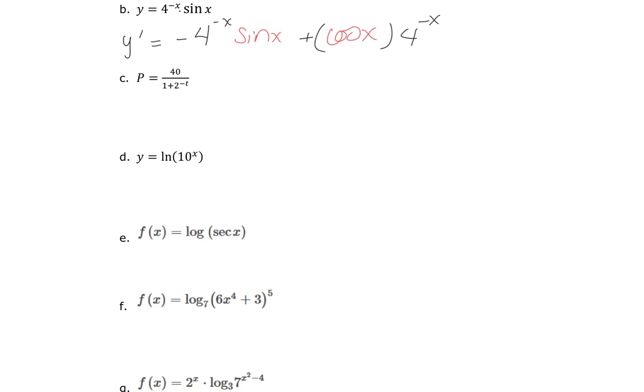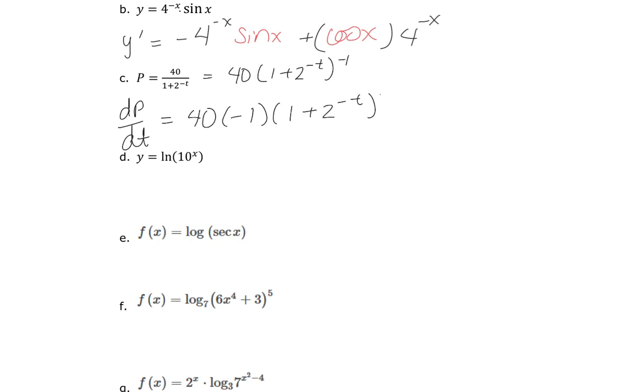If we look at c, I have P. This is P prime of t. So it'd be P, the derivative of P with respect to time, is going to be equal to, well, if I write this as 40 multiplied by 1 plus 2 raised to the negative t, raised to the negative 1, this 40 is just a multiplier. And then I can use the chain rule and avoid the quotient rule. So this will be multiplied by negative 1, and then 1 plus 2 raised to the negative t, raised to the negative 2.